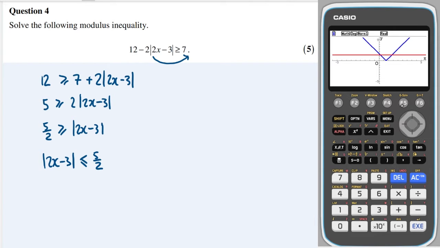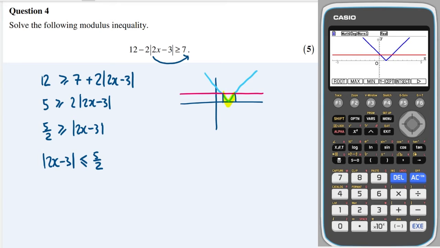Great, and we want where the modulus is less than the line, so we want the bit in between. So I'm just going to draw that over here. So we have the modulus coming down like this, and we have the line coming across like that, and we're going to want the bit there. So we need to find out what these intersection points are.